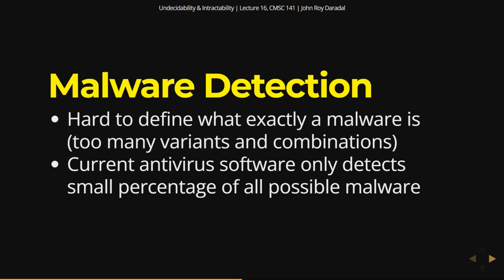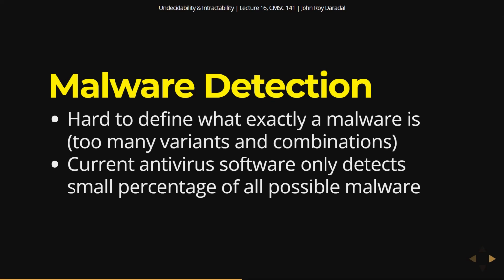So the process is, if you find the virus, then you report the bug, you report the virus, and then the software creators will try to counter that virus. They will try to disable what it's doing, and after that, it will be detected already.